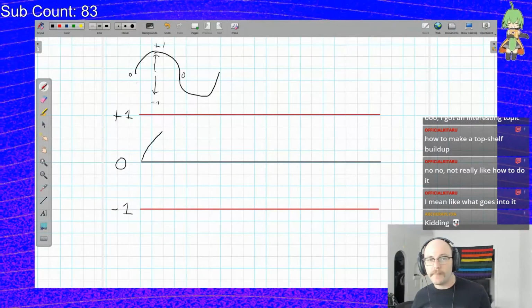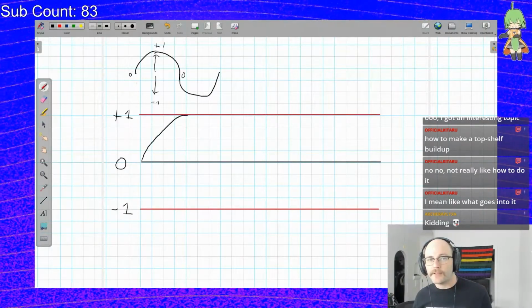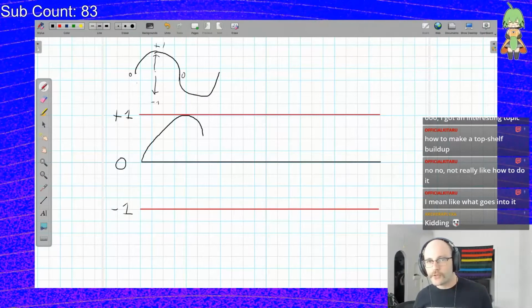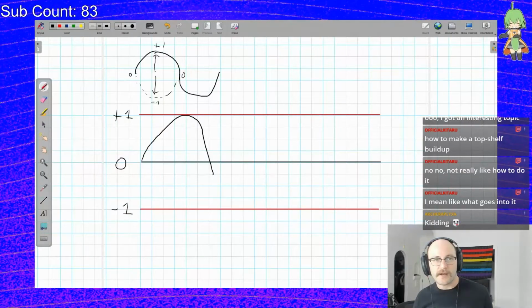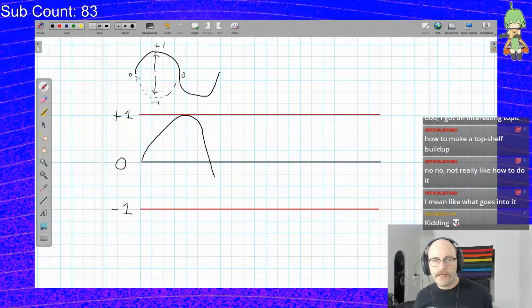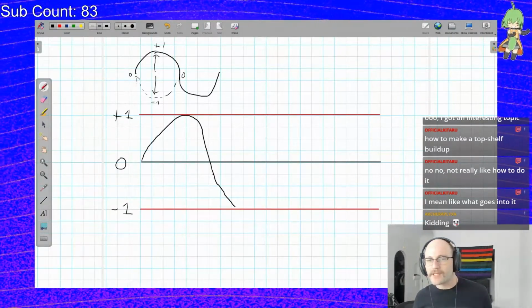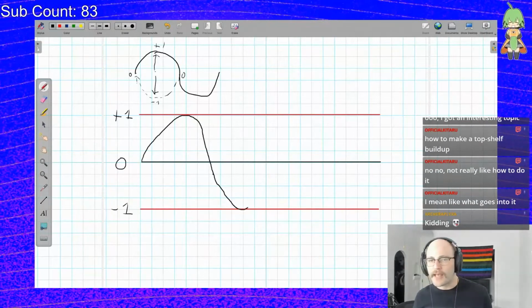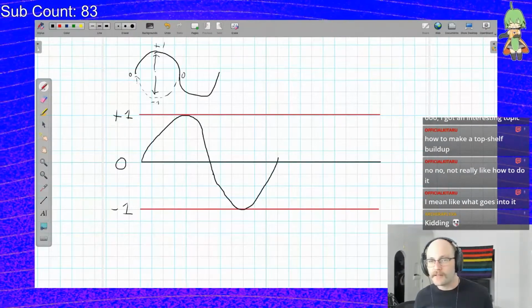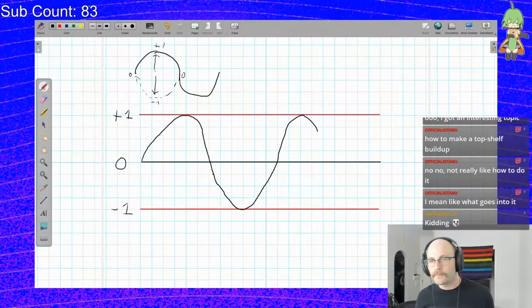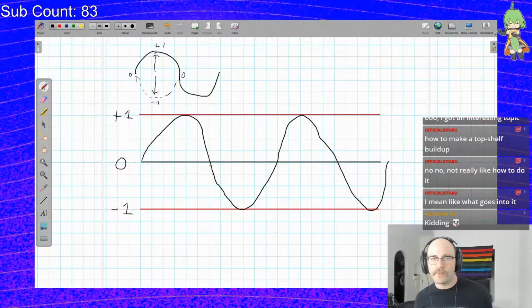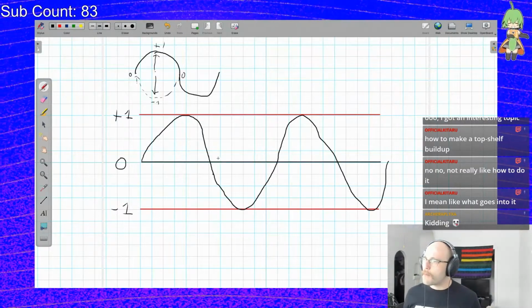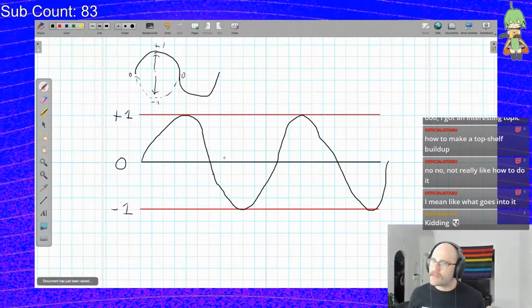It's climbing up, it hits the maximum amplitude, and then it circles back down, comes back down as if it was coming around towards here. Then it reaches its maximum negative amplitude, aka the polar opposite, comes back up, comes back down, and then eventually it comes back to the 0 point. We can do maths on this.